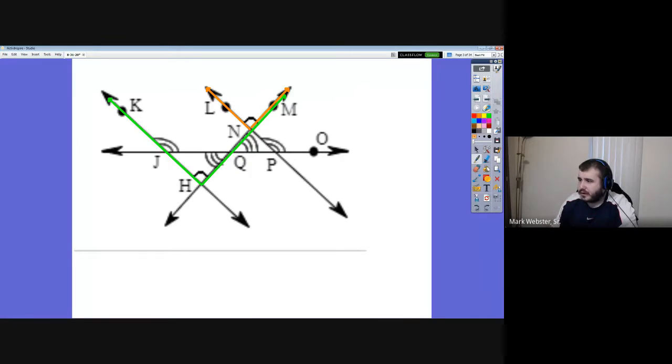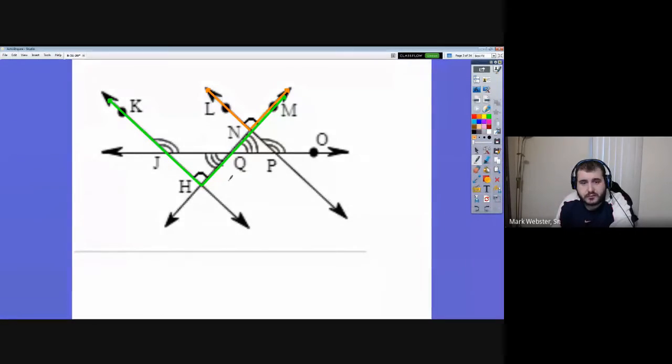So as we're getting started, a couple things that I want to show you about angles that they're gonna talk about. When we're working with angles, how do we know that two angles are the same? Remember last week we showed that if you've got two line segments and they've got a little tick mark in them like this, we know that they're congruent.